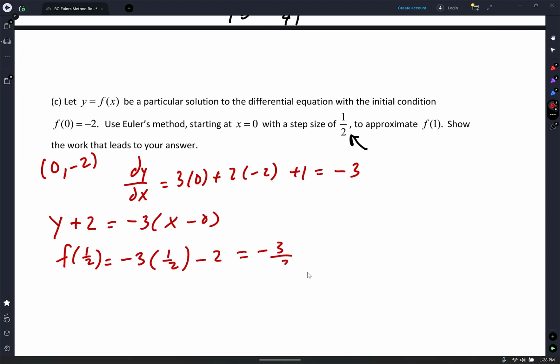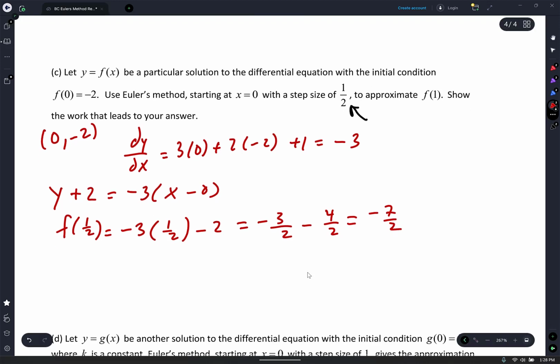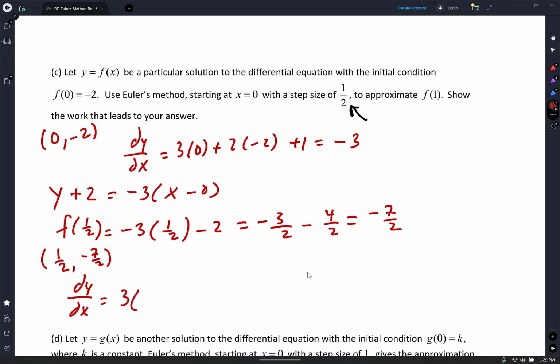Negative 3.5 minus 2, turn that into 4 over 2, 4, 5, 6, 7, negative 7 over 2. All right, so now my new point is (1/2, negative 7/2). dy/dx equals 3 times 1/2 plus 2 times negative 7/2 plus 1.